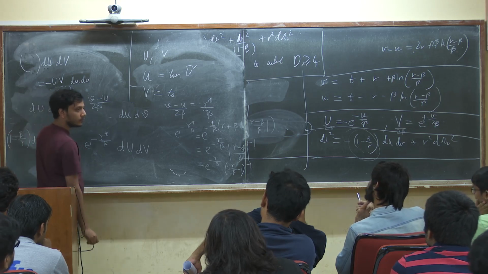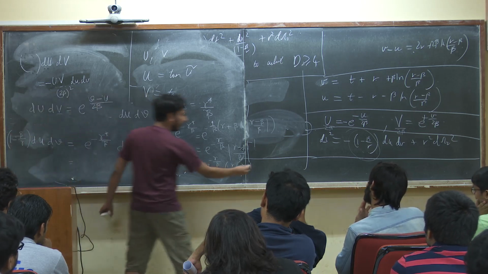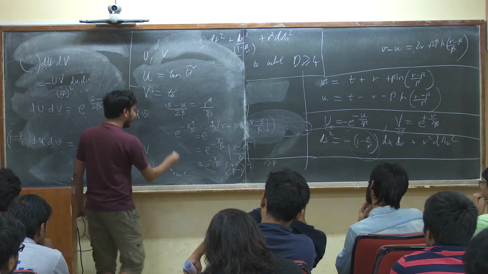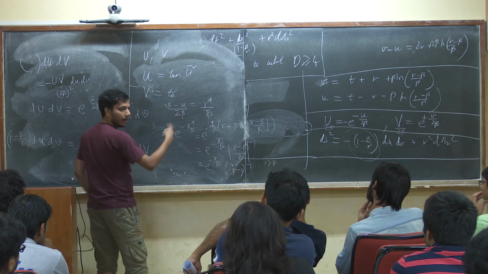This is the one minus beta by r factor. But if r greater than beta, there will be an overall signature with r minus beta.